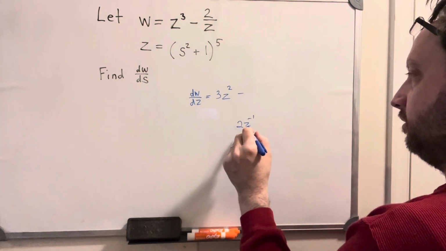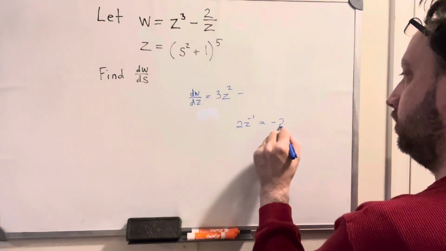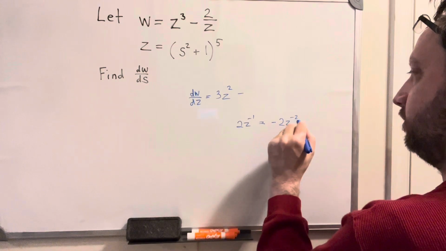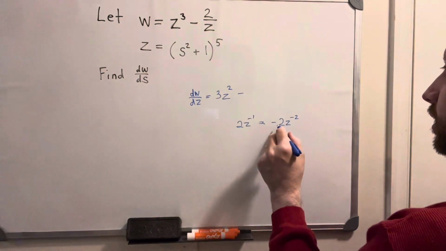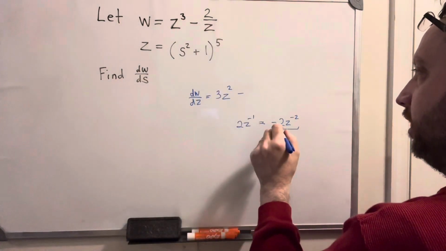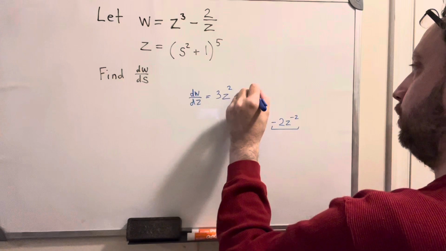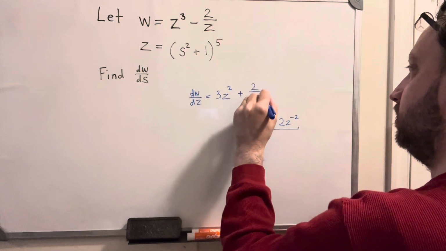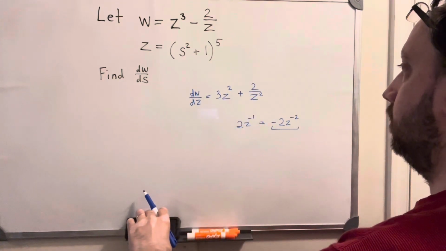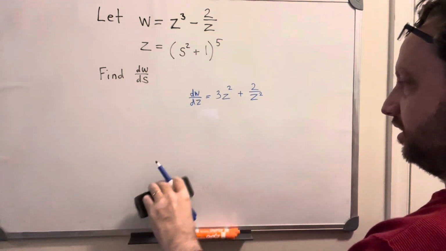The derivative of this would be negative 2z to the negative 2. We've already got a minus right here, so minus, minus, we can change this to a plus 2 over z squared. Okay, that's our dw/dz.